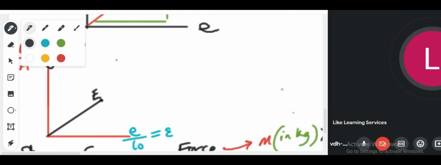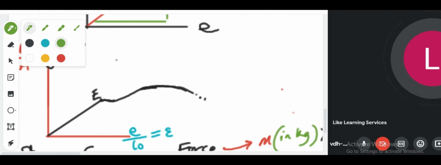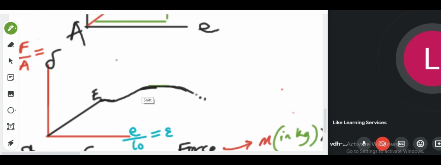For some materials, there will be a yield before it enters into some other regions, and then it snaps. So we can use this to find the highest stress possible.